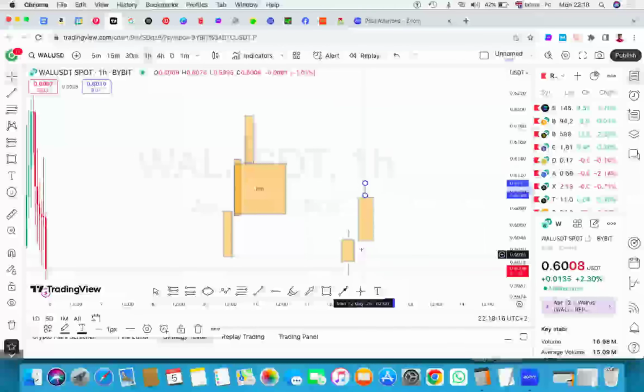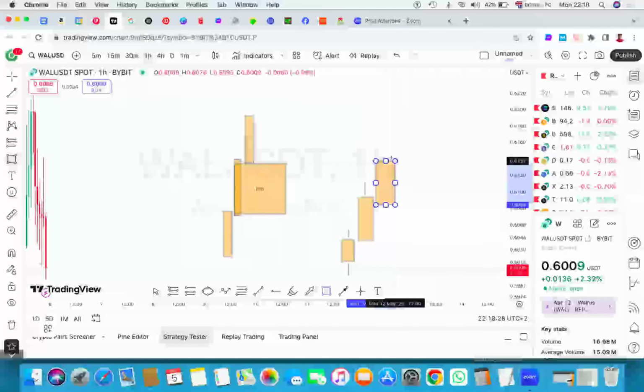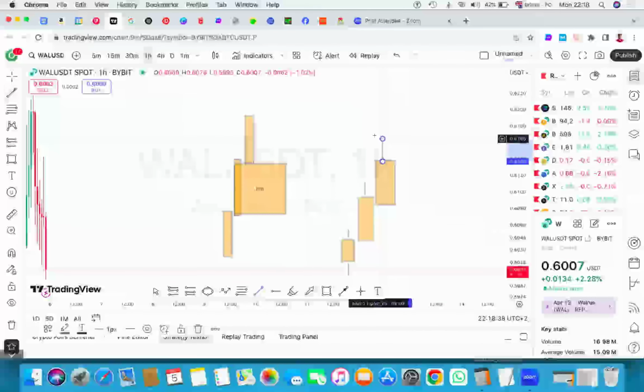Well, in most cases, right? We'll also see it can be like this. This also might have a weak. Don't mind my drawing, but just get the points.